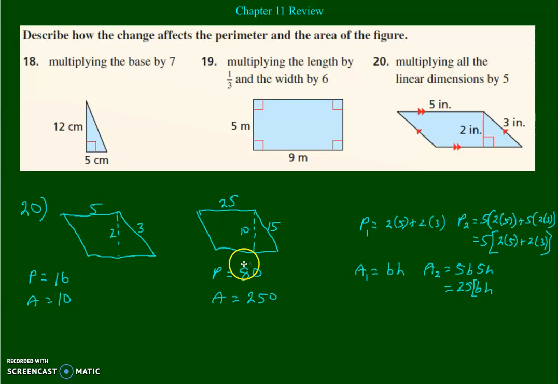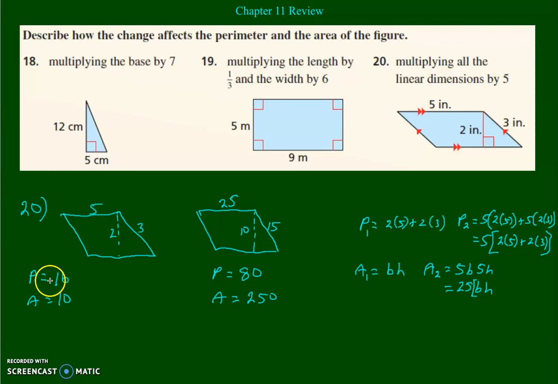Looking at the area, since the area is base times height, and we've multiplied the linear dimensions by 5, the new area becomes 5 times base times 5 times height. Well, 5 times 5 is 25 base times height. And if you notice, the factor here from 10 to 250 is 25.